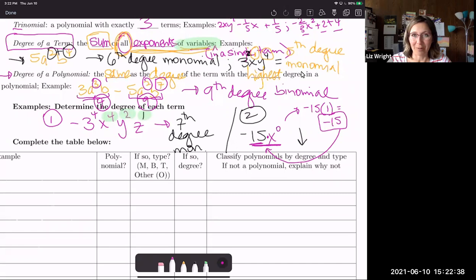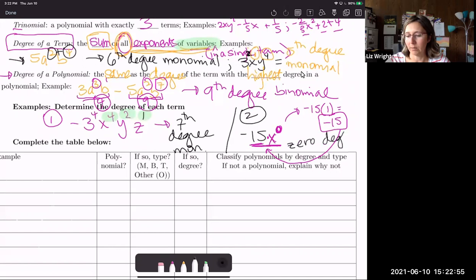So what now is the degree on your variable? We have a variable. What's the degree on it? It's 0. So this would be considered a 0 degree monomial.